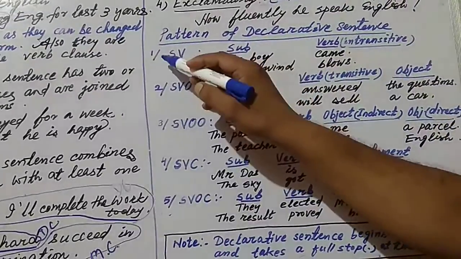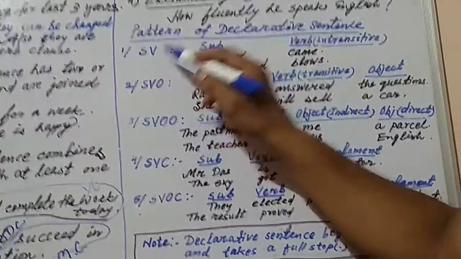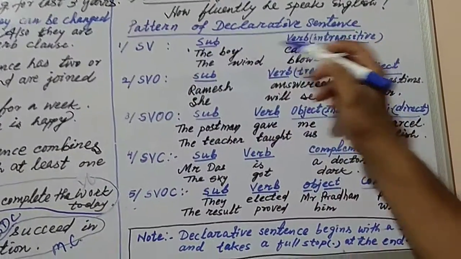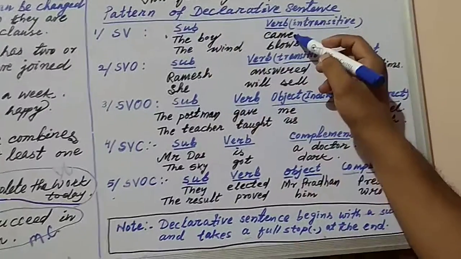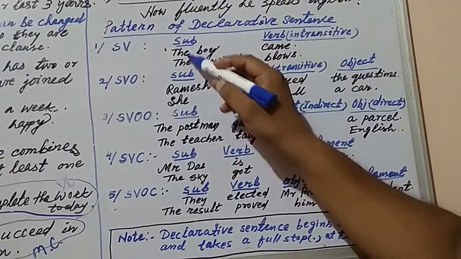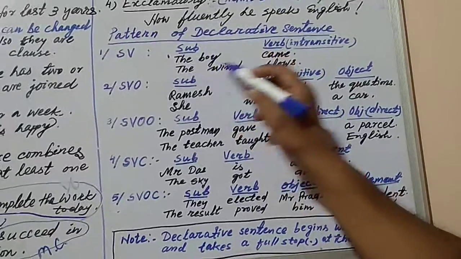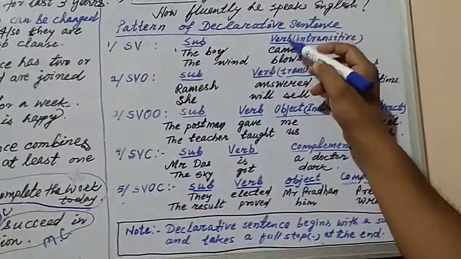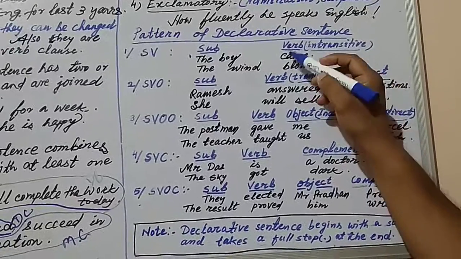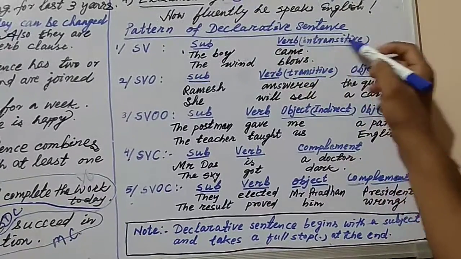Let's see the first one, SV. What is SV? SV means subject verb. The boy came. You see here, second one is the wind blows. You see, the boy is subject, the wind is also subject. But the verb is came and second one is blows. Came is intransitive verb.